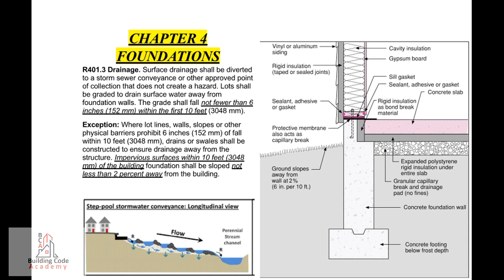Exception: where lot lines, walls, slopes, or other physical barriers prohibit 6 inches (152 millimeters) of fall within 10 feet (3,048 millimeters), drains or swales shall be constructed to ensure drainage away from the structure. Impervious surfaces within 10 feet (3,048 millimeters) of the building foundation shall be sloped not less than 2% away from the building.